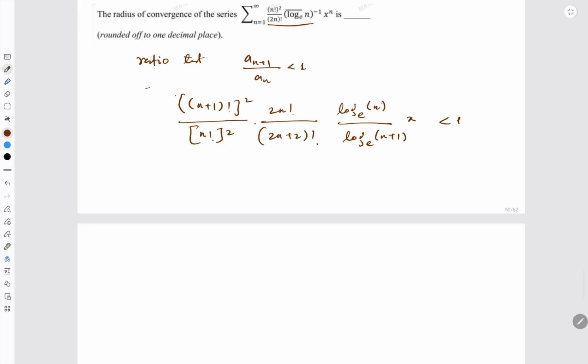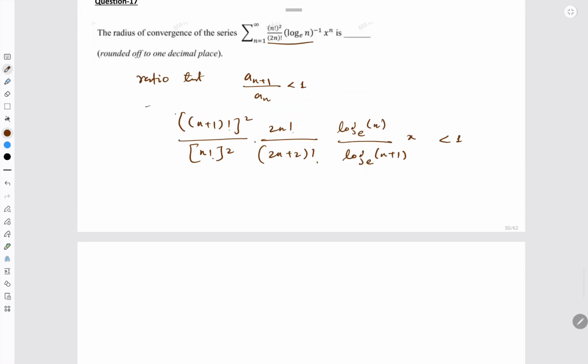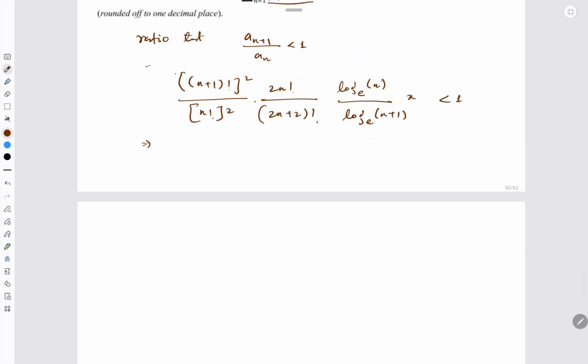So this has to be less than 1. So I have to solve for this as n tends to infinity. So limit n tends to infinity.